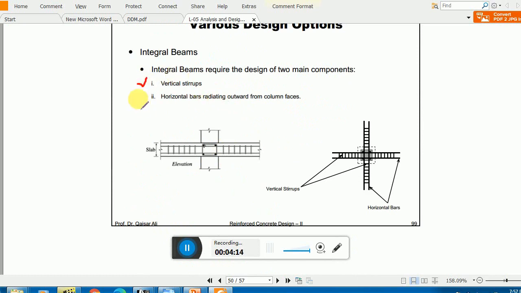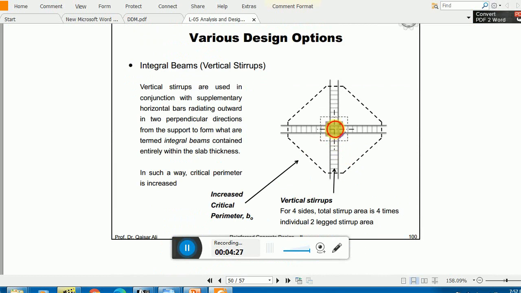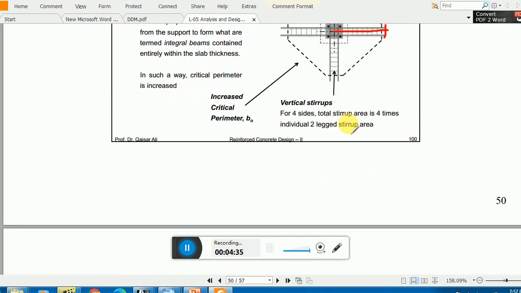In integral beam design, this is very simple. You have to find your vertical stirrups, diameter and spacing, and in the horizontal beams, the amount of steel and for how much distance. Remember, this distance is measured from the center line and is denoted by Lv, and we are interested in finding this length. How do we determine this Lv?